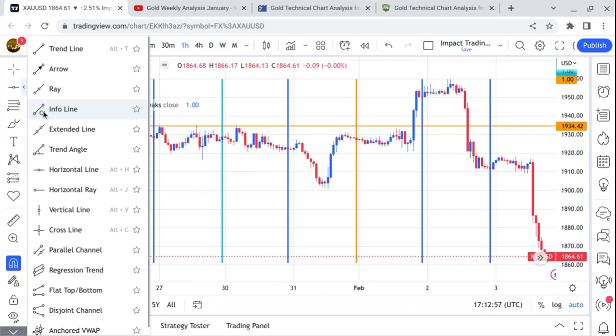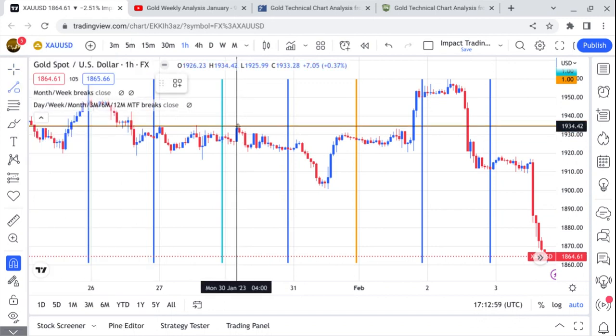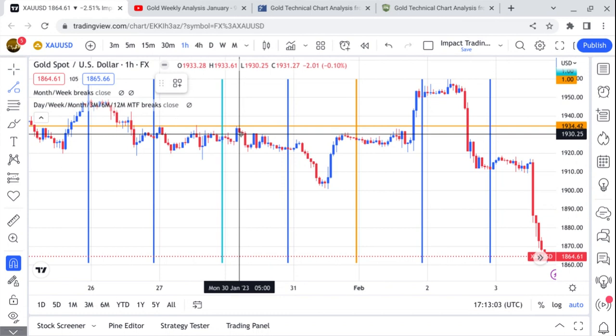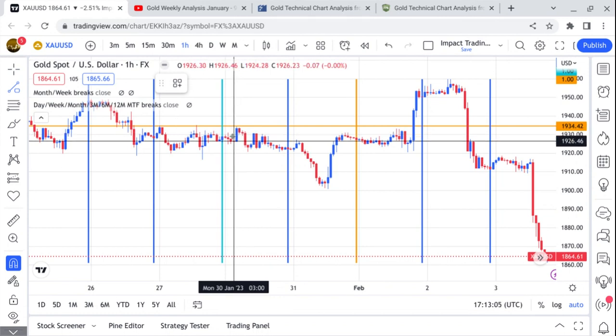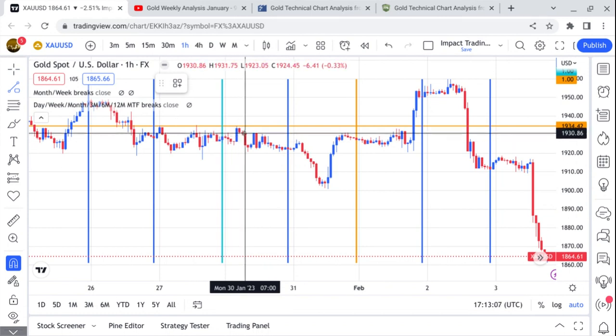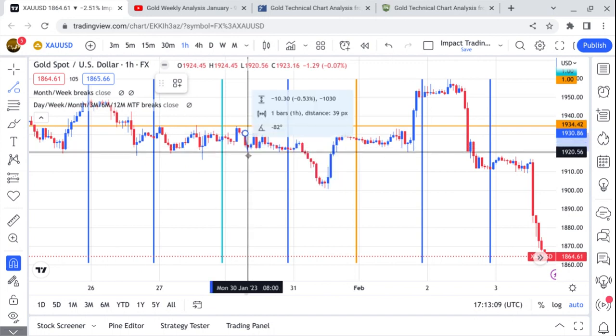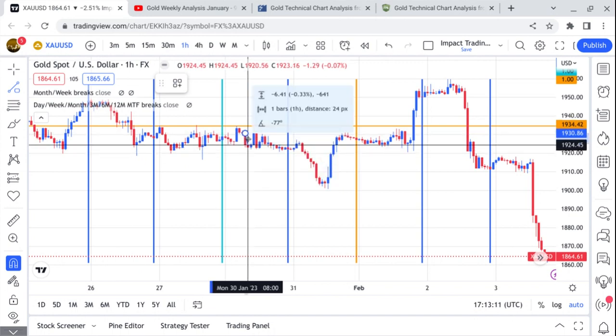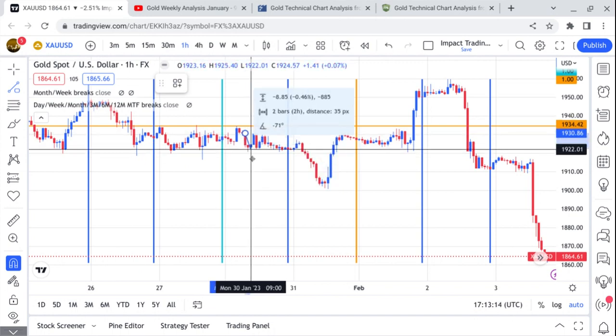So now let's look at the intraday, the swing and the position trades. Our first trade signal came on the hour during the Asian session. That's 1,000 pips for your first trade signal for an intraday trader.